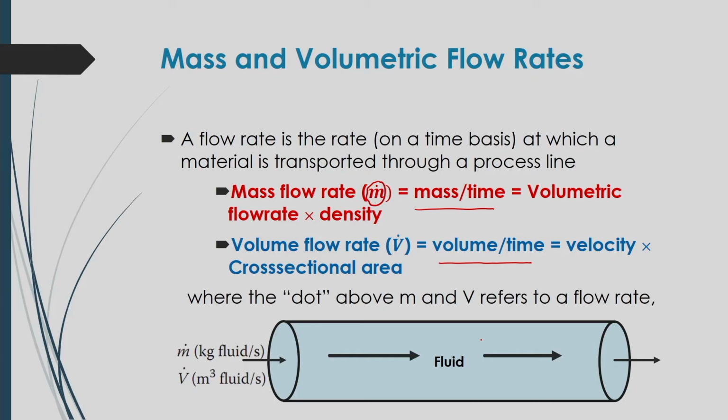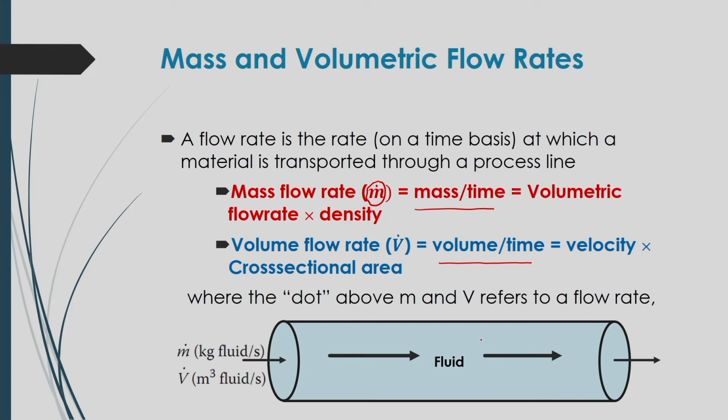And volumetric flow rate can also be defined based on the velocity of the fluid through the pipe, where mass flow rate can also be converted into volumetric flow rate, and then expressed in terms of velocity.